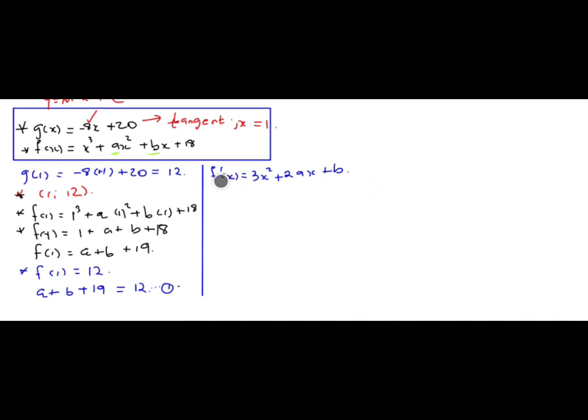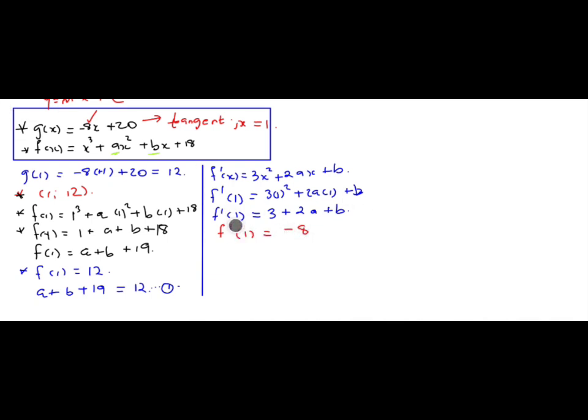So when I substitute into this, I see x, I put 1. So that becomes 3 plus 2a plus b. Like I mentioned before, the gradient at that point is minus 8.